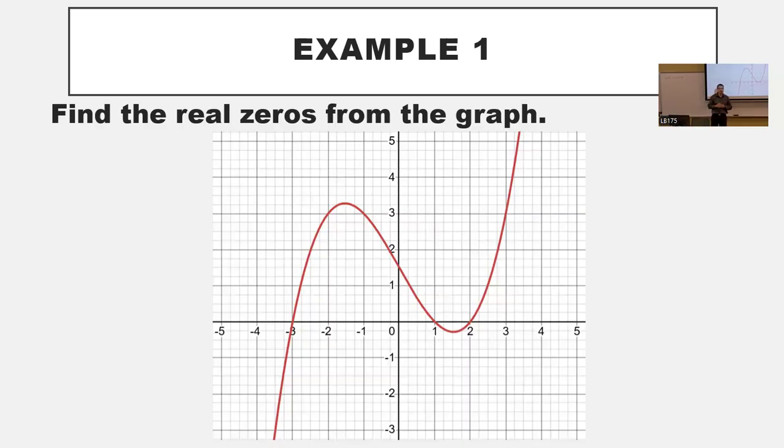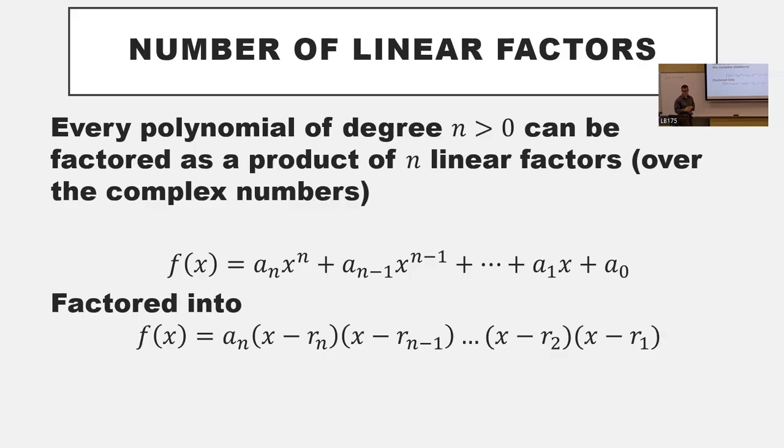Now there might be some complex zeros that we don't see here. Can't see complex zeros on a graph. But the real zeros are when x is negative 3, 1, and 2. So if we're looking for real zeros, I can use the graph, as long as I can see where it hits the x-axis.